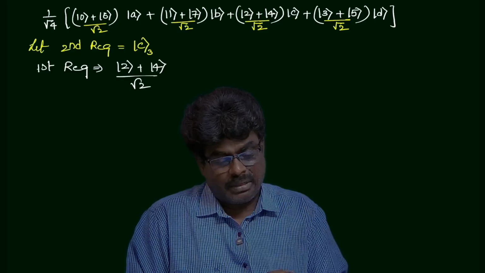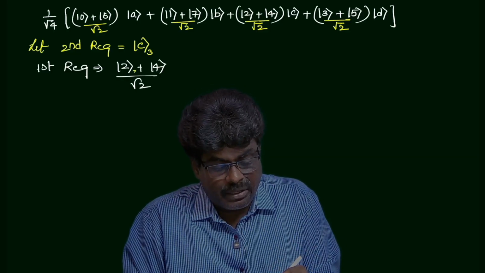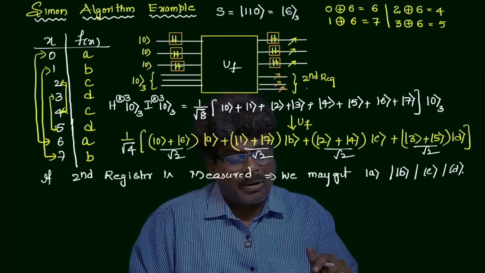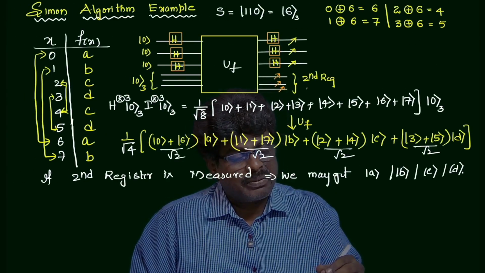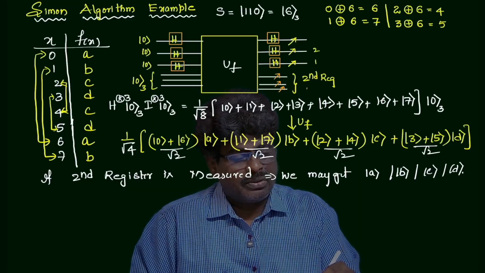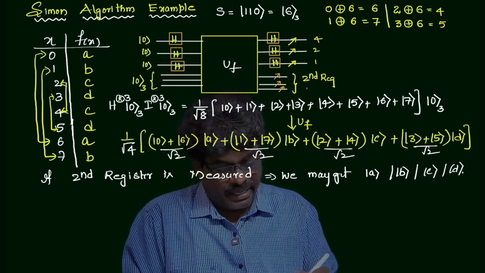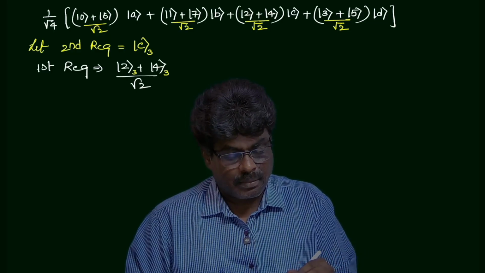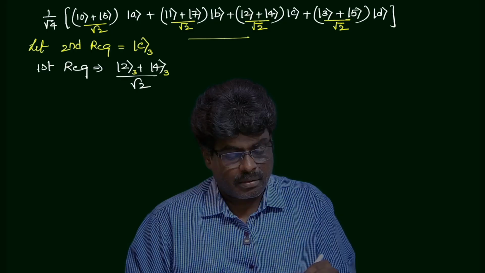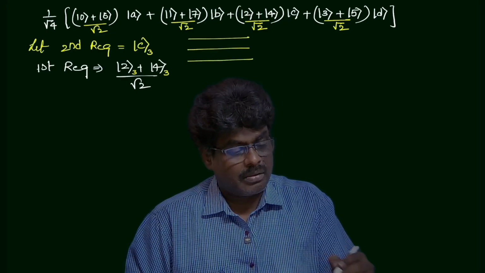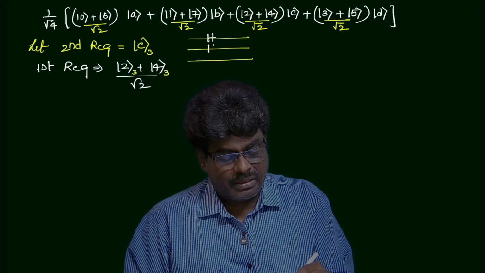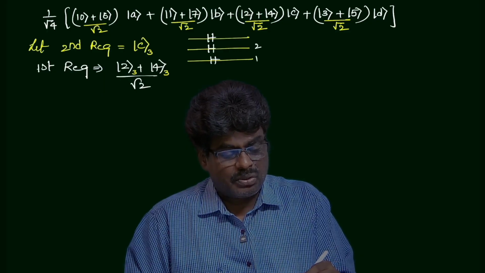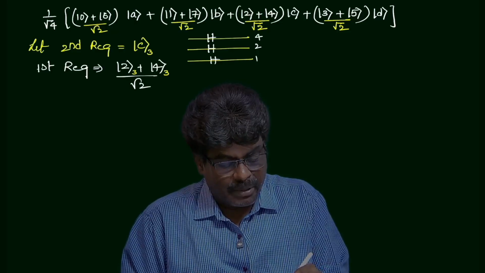Now here we have Hadamard operations, and don't forget these are 3 qubit states. Here we have 3 Hadamard operations, H, H, H, acting on the bits 1, 2, 4. Let me take the Hadamard operations.